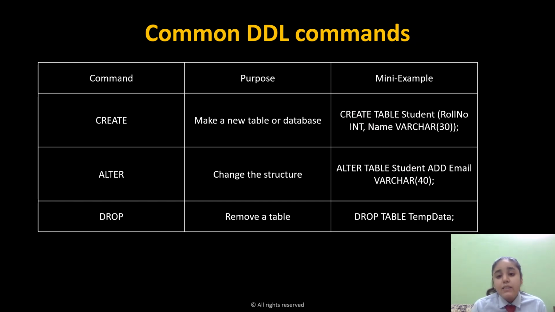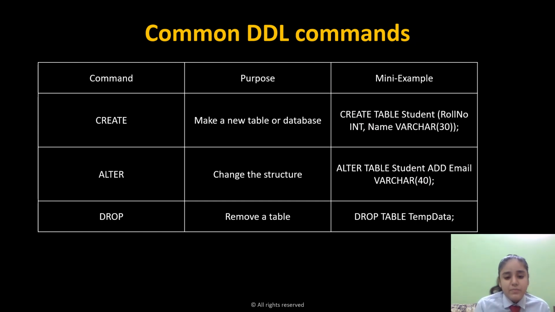Create table student. Student is the name of the table. Then the column name. Then what is the type of the column? What type of data is stored in a particular column? Like the roll number must be integer. Then this is the second column, name, and this is the type of data we store in this column. So this command is used to create the tables.